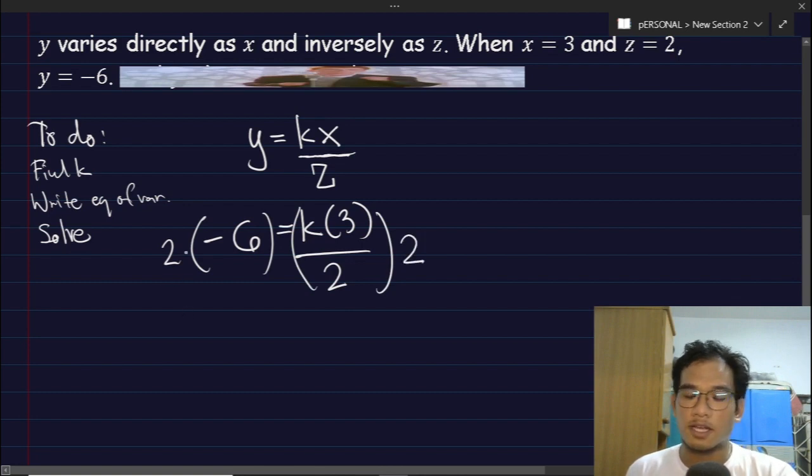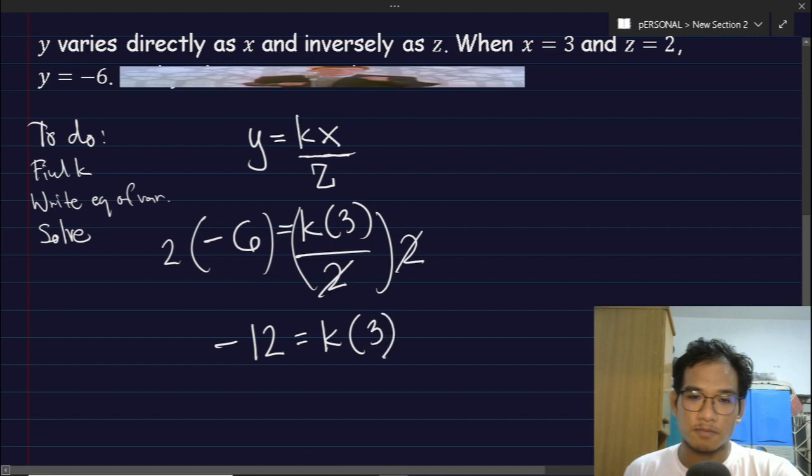And then on the left side of the equation, we will have -12. And then we can now cancel the number 2's here, and what will remain is k times 3. Next, we can divide both sides of the equation by 3 to get rid of the number 3 at the right side of the equation, isolating k. And k is equal to -4.